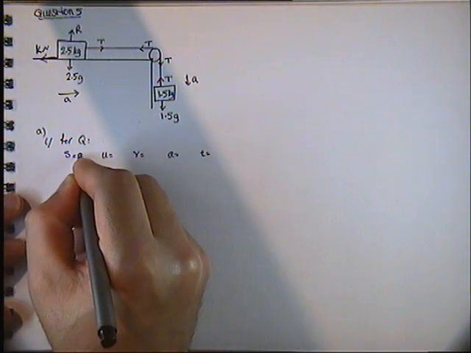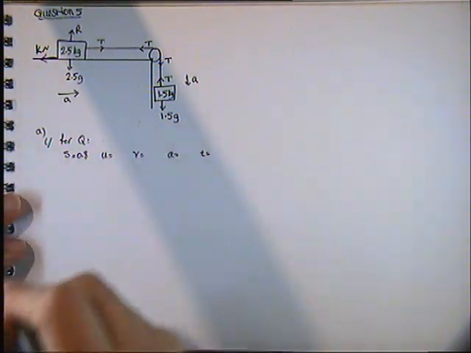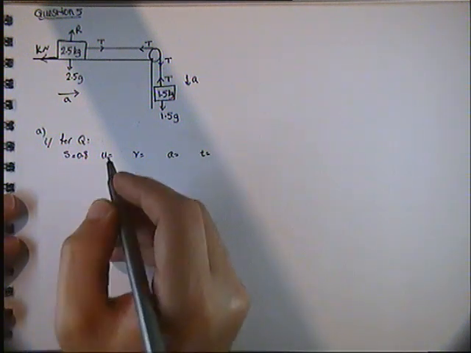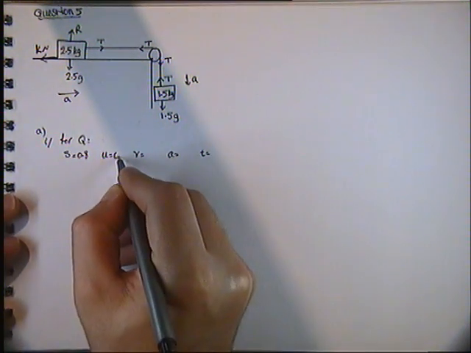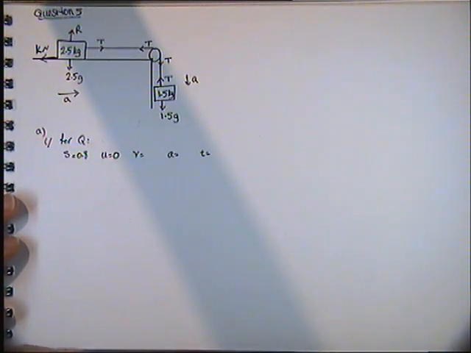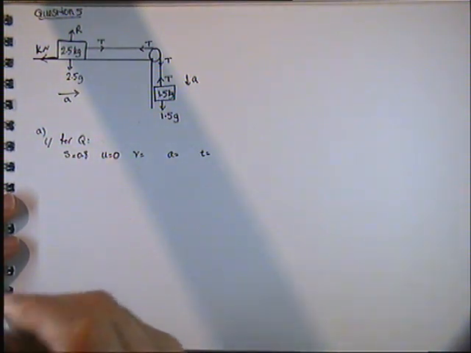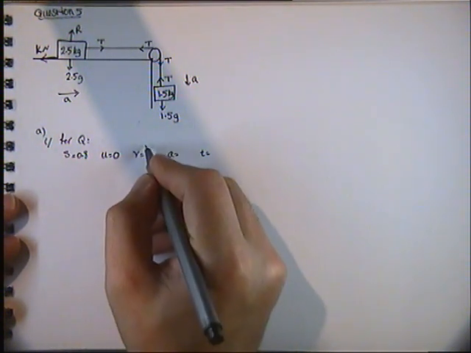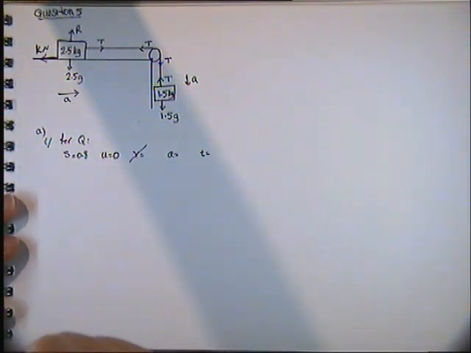S is 0.8, as the question says. It says after release, Q descends a distance of 0.8 meter. U is 0 because it's starting to move from rest. We don't have the final velocity, which we are not even interested in.